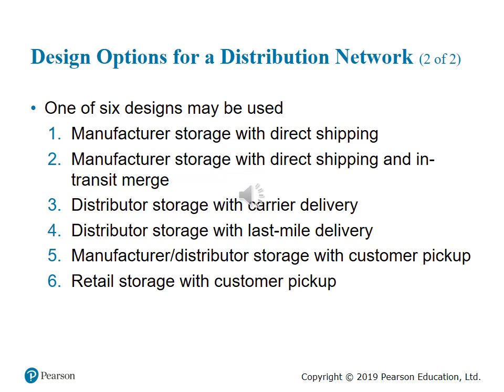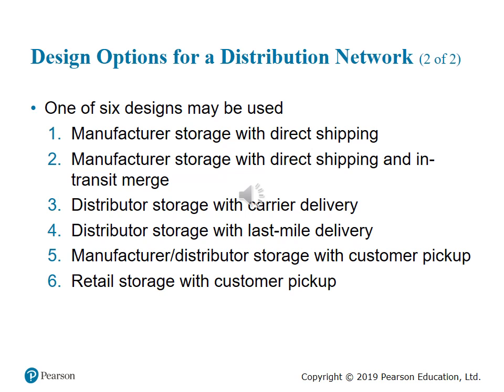So what you need to consider when you have the initial look at these 6 design choices: the first two depend highly on the manufacturer. From the manufacturer through direct shipping to customers, and from the manufacturer through direct shipping and in-transit merge. So we have some location in between. The other two focus on distributors.